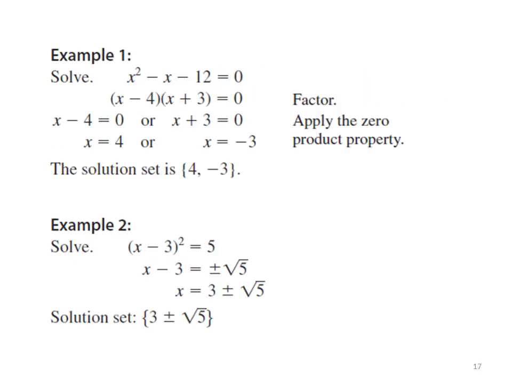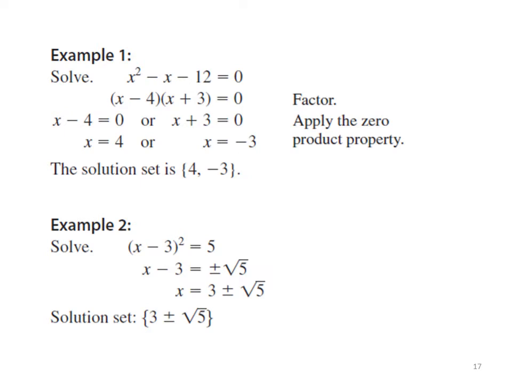Let's start with example 1. We would like to solve the equation x squared minus x minus 12 equal to 0. The first step is to factor this expression, and we did study factoring in chapter 1.